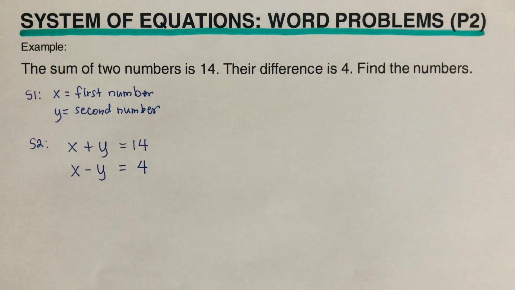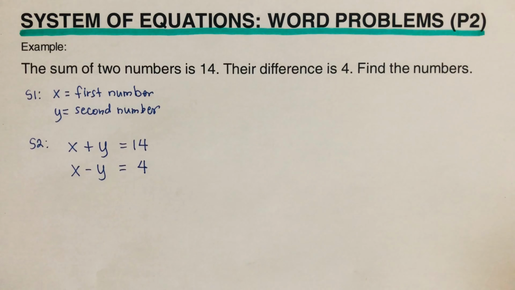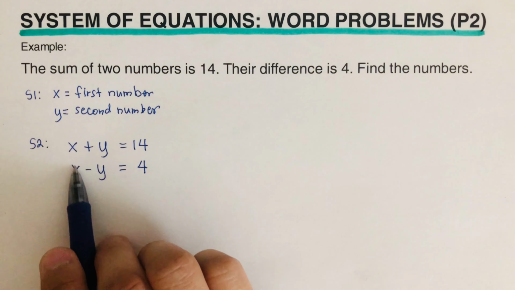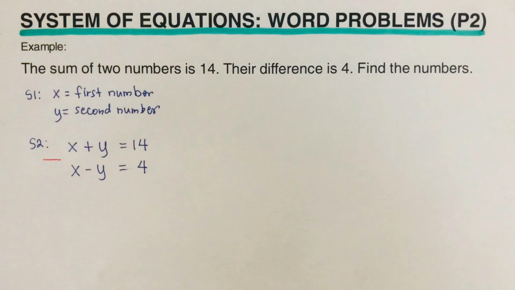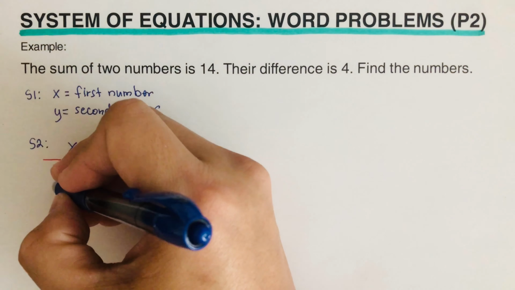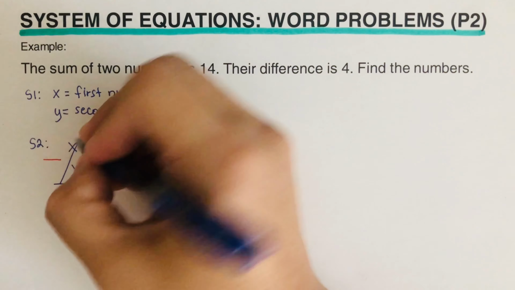So then from here, we already have two equations. So we're ready to eliminate one of the variables. As you can see here, both x's have the same coefficient. So then we can go ahead and subtract these two equations right away, so that we can eliminate the x. x minus x is 0, so we can cross that out.